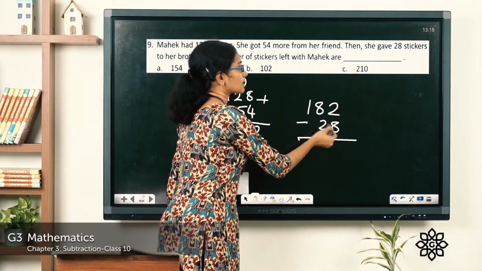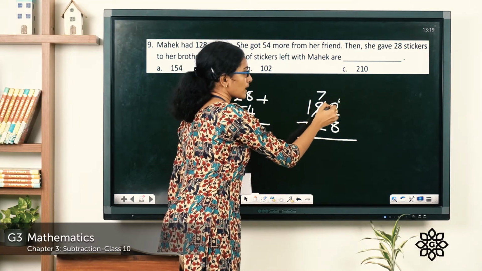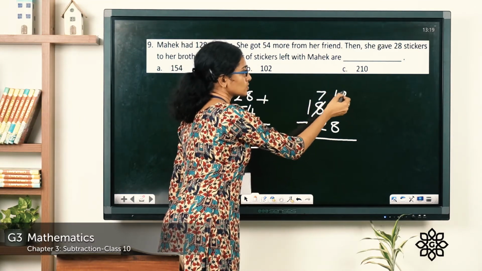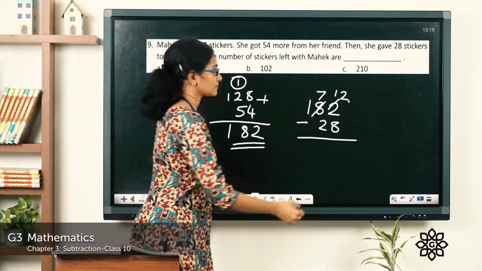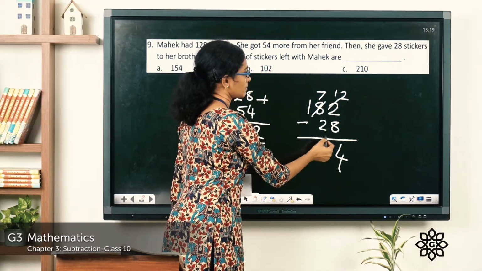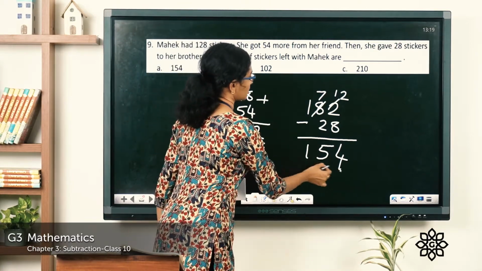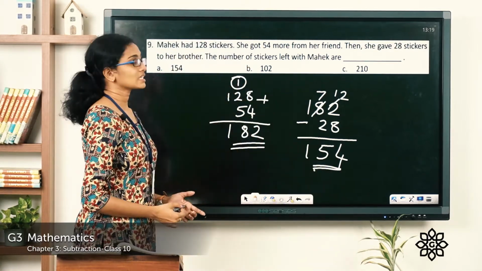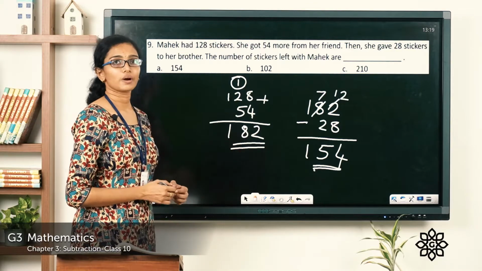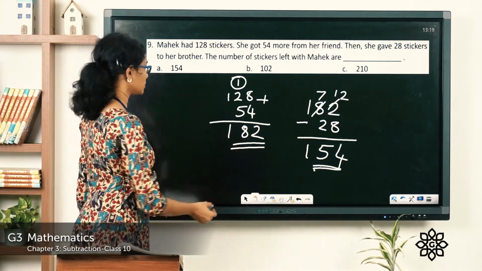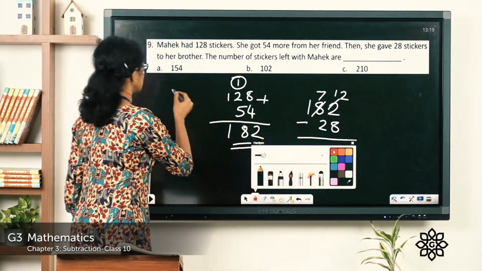So 2 minus 8 we cannot do, we borrow and regroup. So this becomes 12 minus 8, that is 4. 7 minus 2, it is 5, and here it is 1. So what is the number of stickers left with Mehak? It is 154. That is option A as per the question.